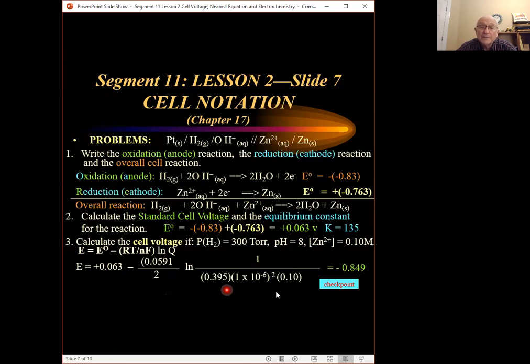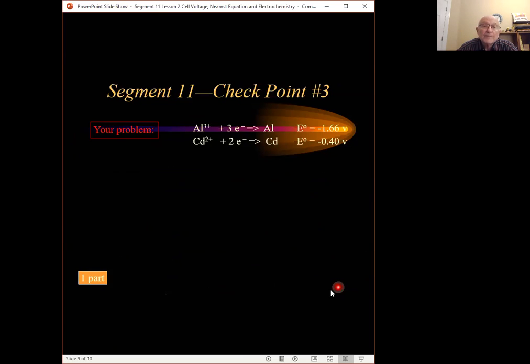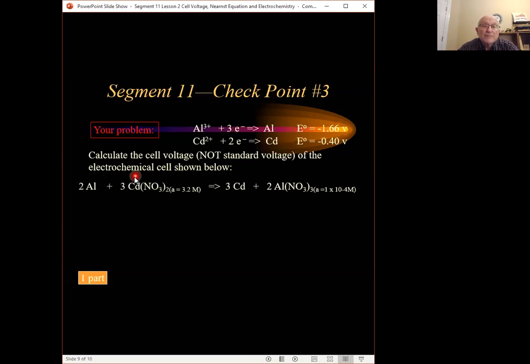Let's go back here. All right, here's another one. Here's some cell voltage given to you, and here's a reaction, calculated voltage, not the standard voltage of the electrochemical cell shown here. And if you'll notice, I've got little subscripts by these things to represent molarity.